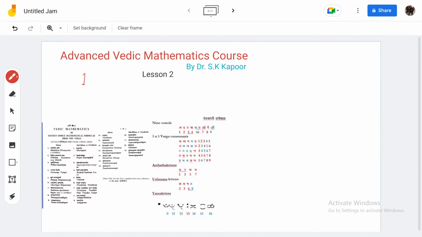The text is in Devanagari Alphabet. Vedic Ganita Sutras text is in Devanagari Alphabet, and Devanagari Alphabet is of 5 folds.